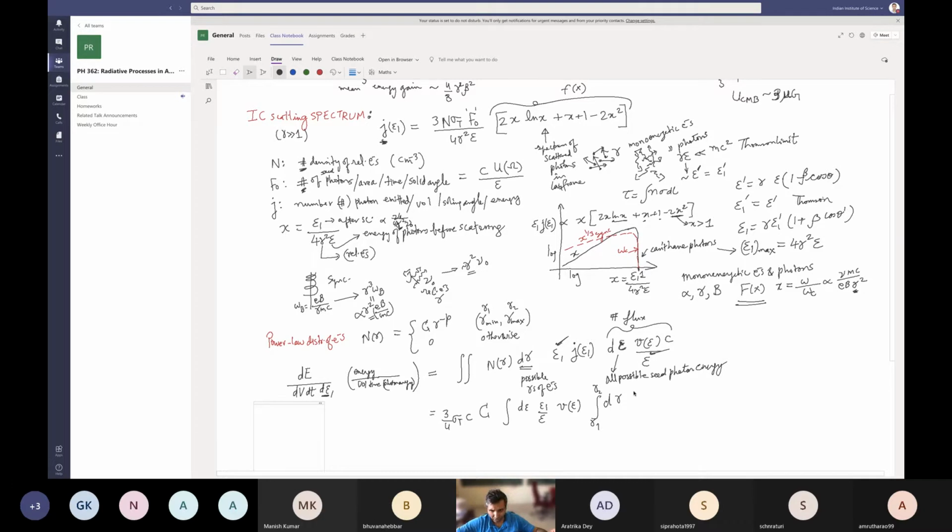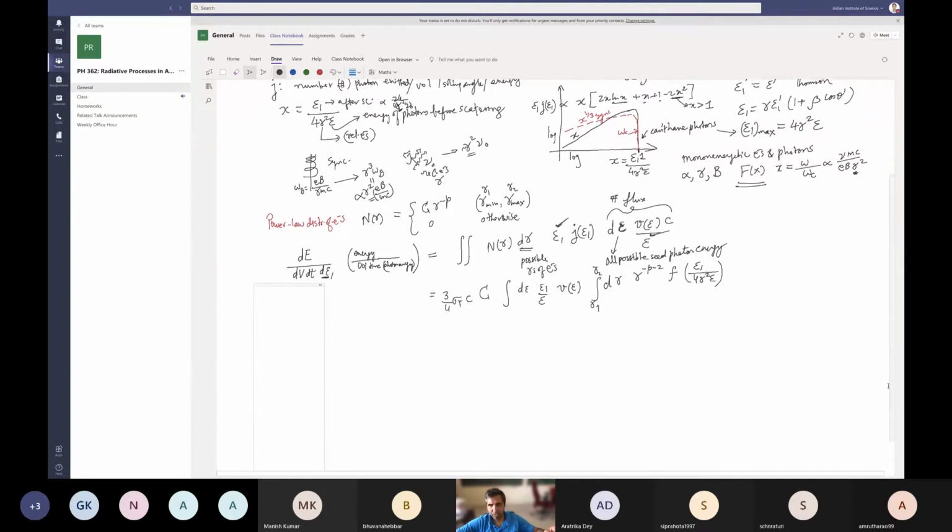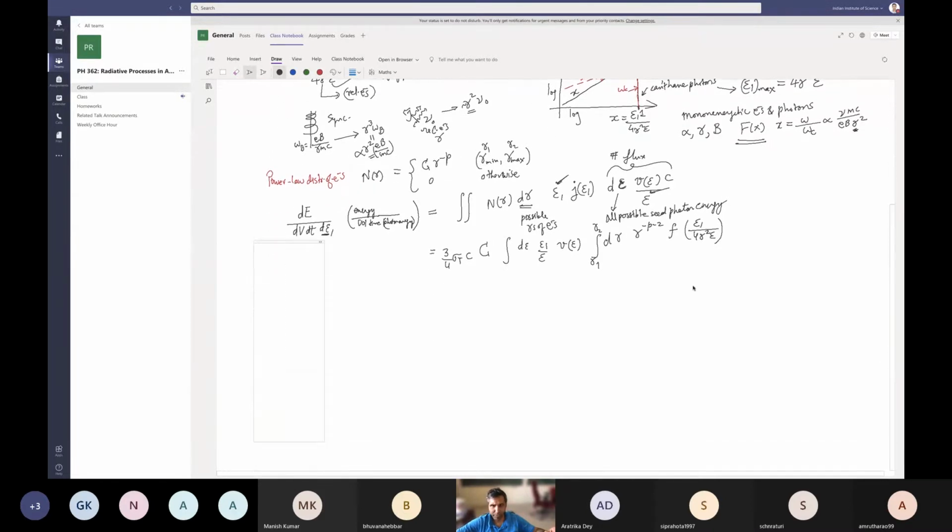So we have gamma to the minus p minus 2. Minus p comes from here and minus 2 comes from this one. And you have f of x, and x was nothing but epsilon 1 divided by 4 gamma squared epsilon. So we have just substituted in that expression, and this goes from gamma 1 to gamma 2.